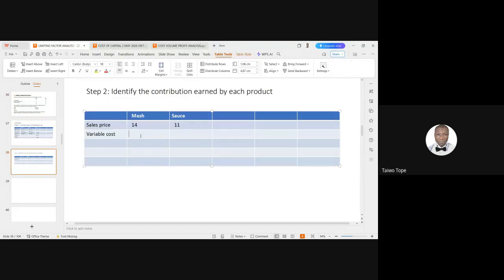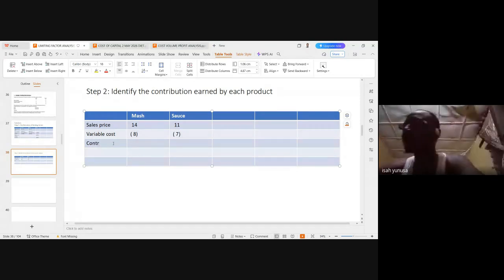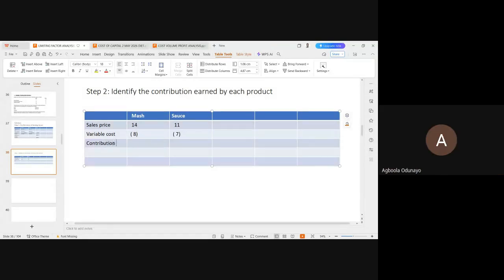So the variable cost for mesh is 8, for sauce it is 7. The contribution per unit will now be, in brackets since I'm not using less, 6 naira for mesh and 4 naira for sauce.